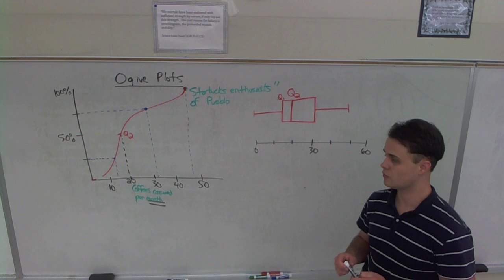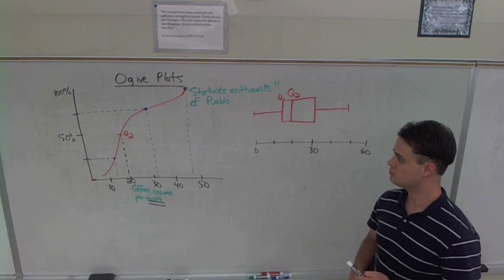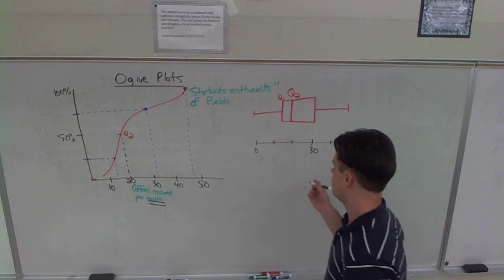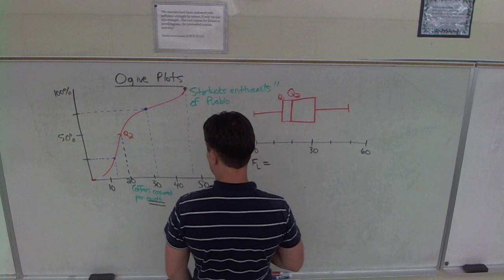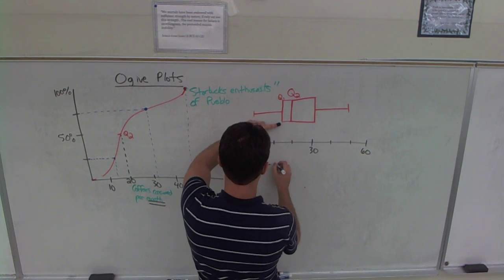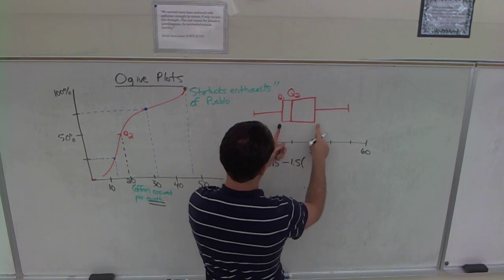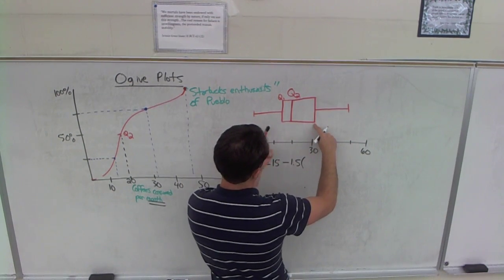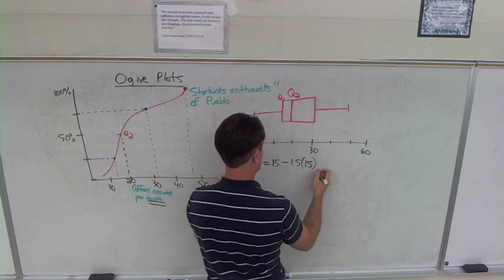Let's do it and see if there are any outliers. The lower fence is going to be quartile 1, which we said was 15, minus 1.5 times the IQR. What's the IQR? It's like 31 minus 15, so 15-ish.